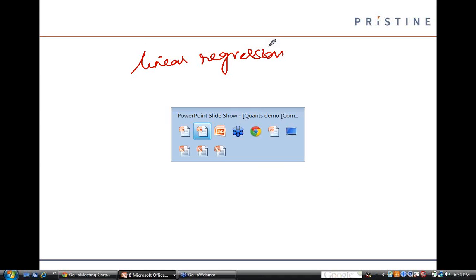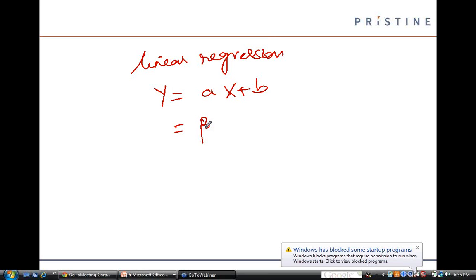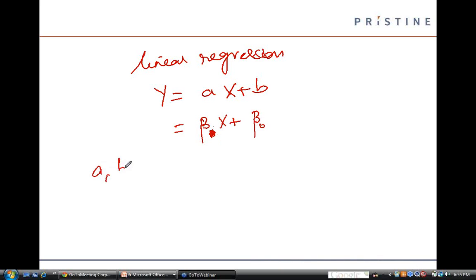So we assume that the equation will be of the form y equal to ax plus b, where a and b are constants. In our terminology, a is replaced by beta 1, and b is replaced by beta 0. So a, b, or beta 0, beta 1 all refer to constants.